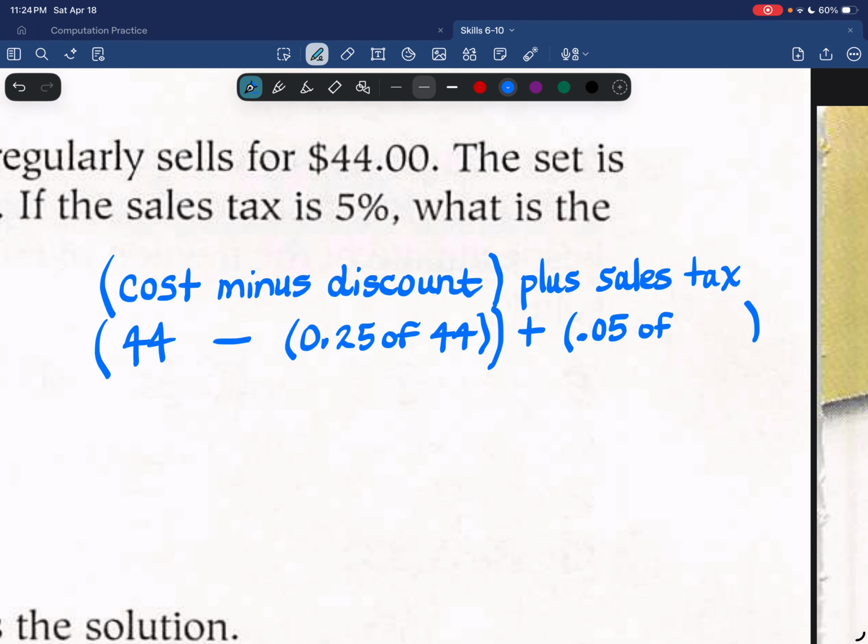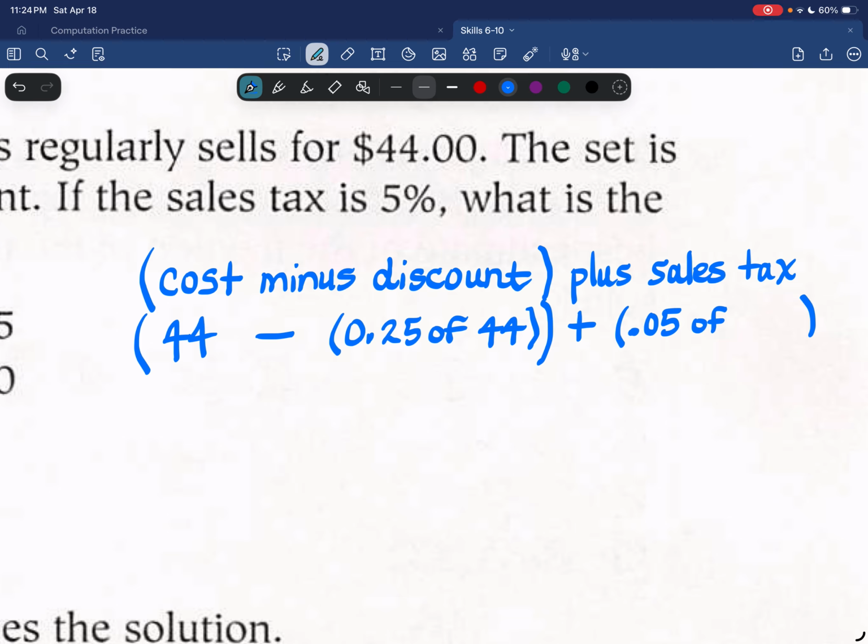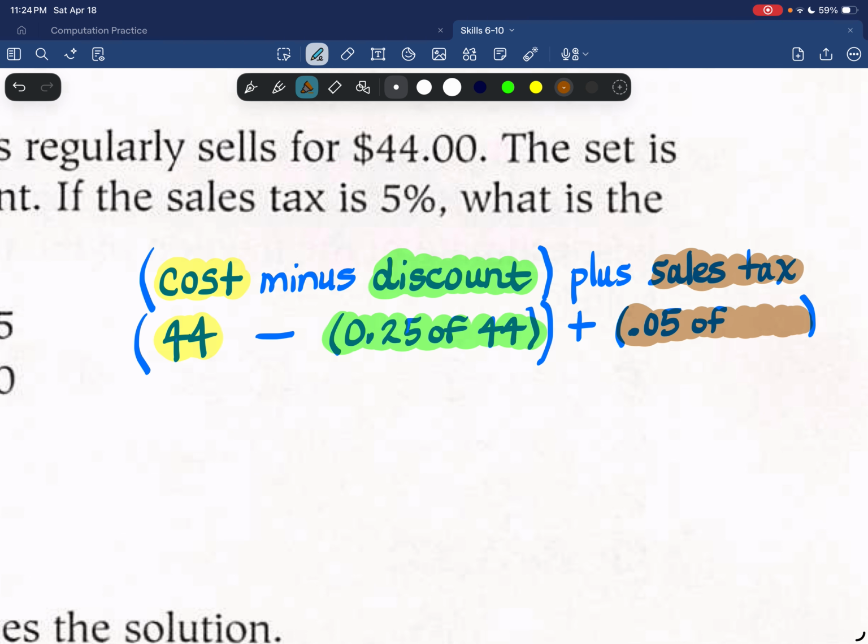So I'm going to leave that alone. The cost of the CDs is $44. The discount is 25% of $44. And then the sales tax is going to be 5% of whatever that amount turns out to be. So we have some work to do first.